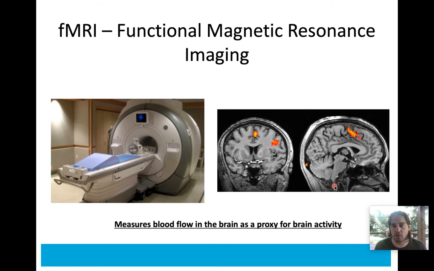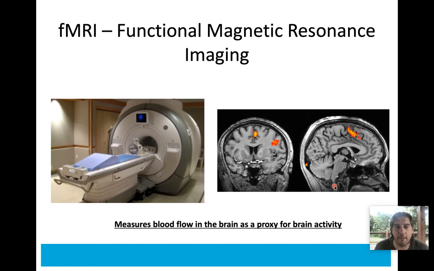What damage did you do to your knee? What damage did you do to your shoulder? Which ligaments and tendons are torn? However, with the brain, we can layer on top of that MRI a functional aspect, right? That's what the F stands for. Functional meaning the activity of the brain.